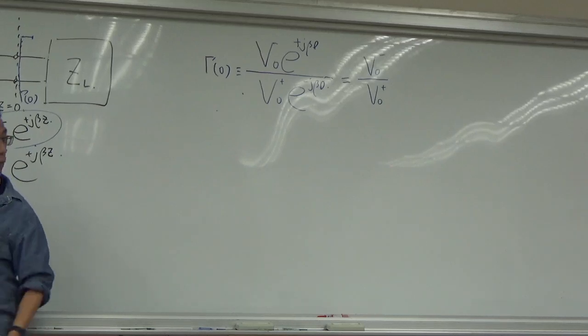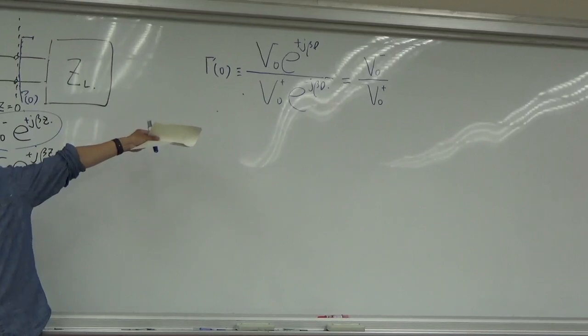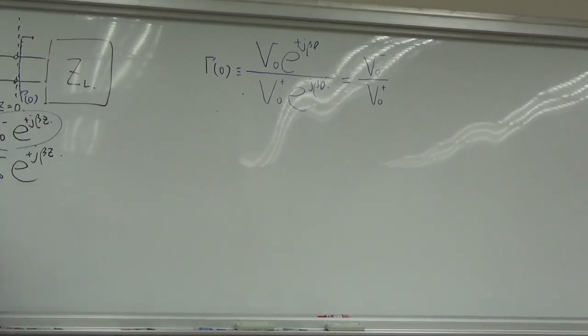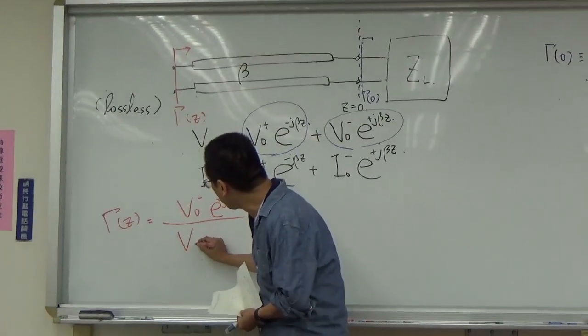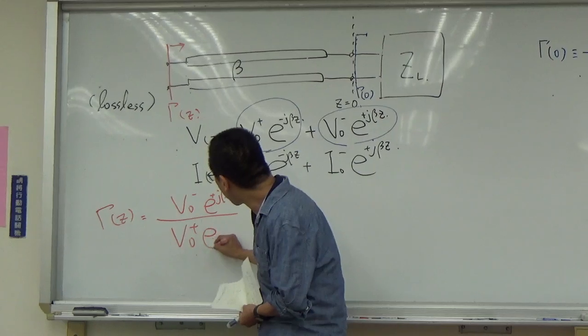According to my definition, I can write down gamma, the reflection coefficient at any position, is V0 minus multiply exponential to the power j beta z over the positive part.